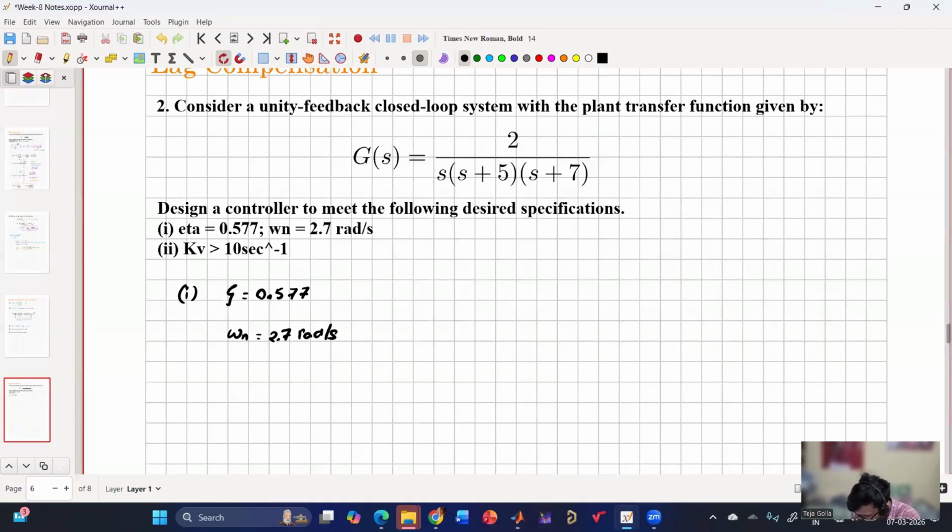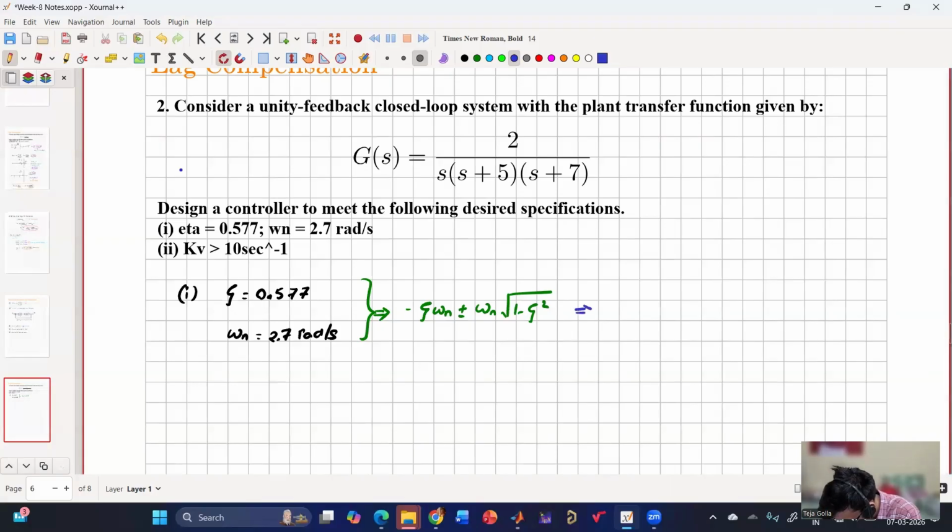Always the very first thing that we have to do is get the closed loop poles, which is minus zeta omega n plus or minus j omega n into square root of 1 minus zeta squared. So let us see what exactly we are going to do.